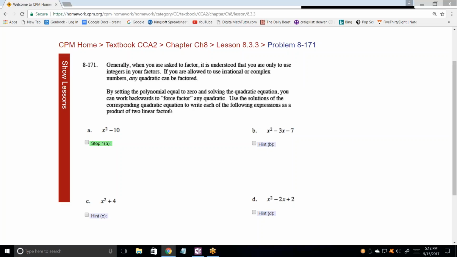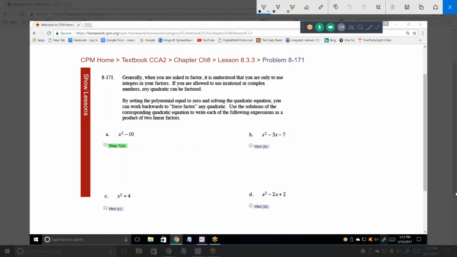Use the solutions of the corresponding quadratic to write each of the following expressions as the product of two linear factors. Okay, how about the first one? Guess what? It doesn't have to be difference of perfect squares. It only has to be difference of squares. They've always lied to you.